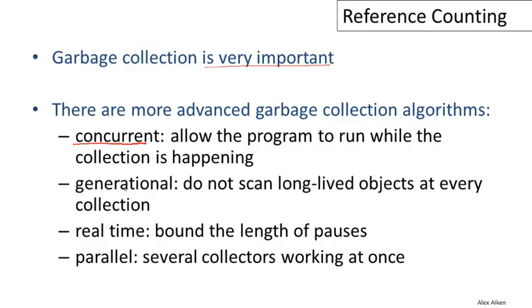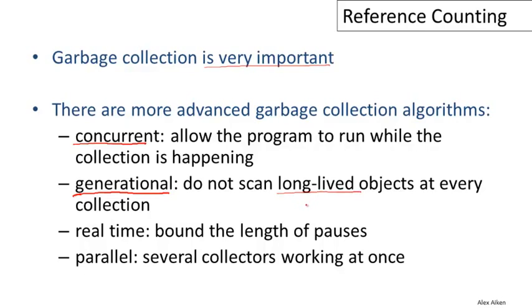Another thing that's very common in production collectors is to have what's called a generational collector. And the basic idea here is that we don't want to keep going over and looking at objects that are very long-lived on every collection. So collections happen very frequently, and there will be some objects that just live for a very long time, the big data structures that hang around for most of the program.